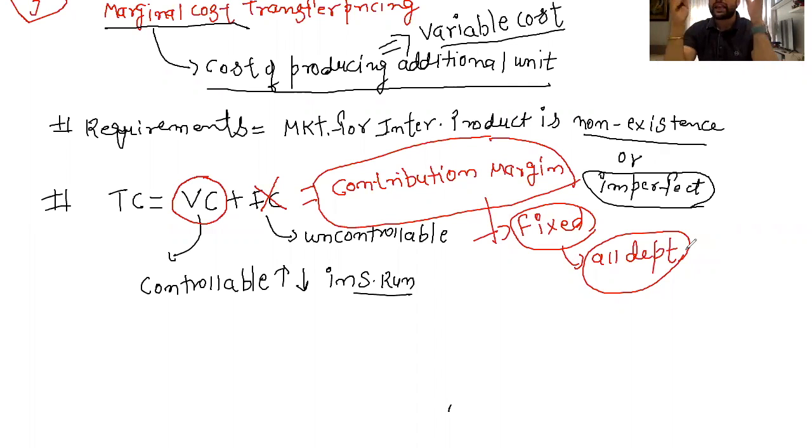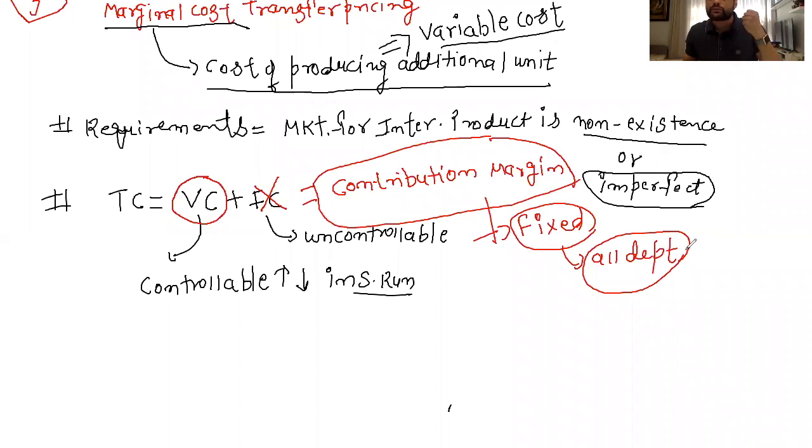All kinds of departments are bearing a fixed cost. By that reason, I can't say that I should cover this cost because I am bearing this cost. Because someone I'm going to sell this product to is also going to bear exactly the same cost. So instead of estimating price on behalf of the total cost, I am estimating the price on behalf of the variable cost. Why? Because if I increase or decrease my variable cost, my supply division transfer pricing will increase. As a result, my profit will increase.